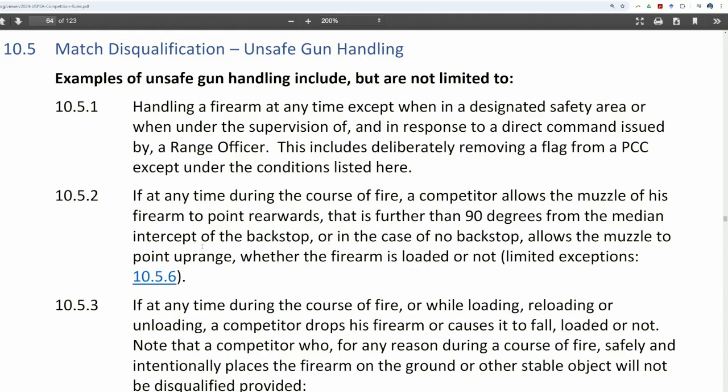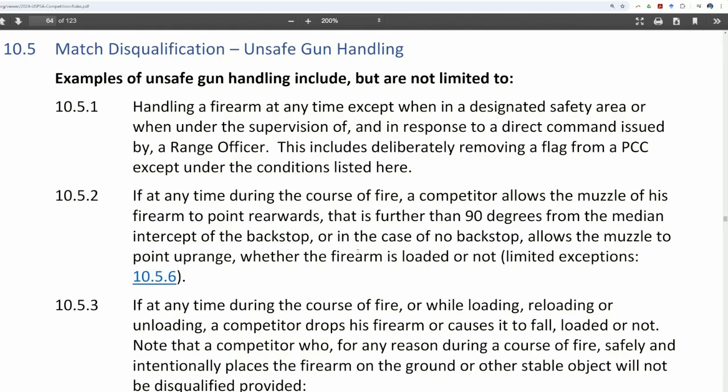All right, so we go back to the rulebook. 10.5.2 states, if at any time during the course of fire, a competitor allows the muzzle of his firearm to point rearwards, that is further than 90 degrees from the median intercept of the backstop, or in the case of no backstop, allows the muzzle to point uprange, whether the firearm is loaded or not, with limited exceptions being 10.5.6.